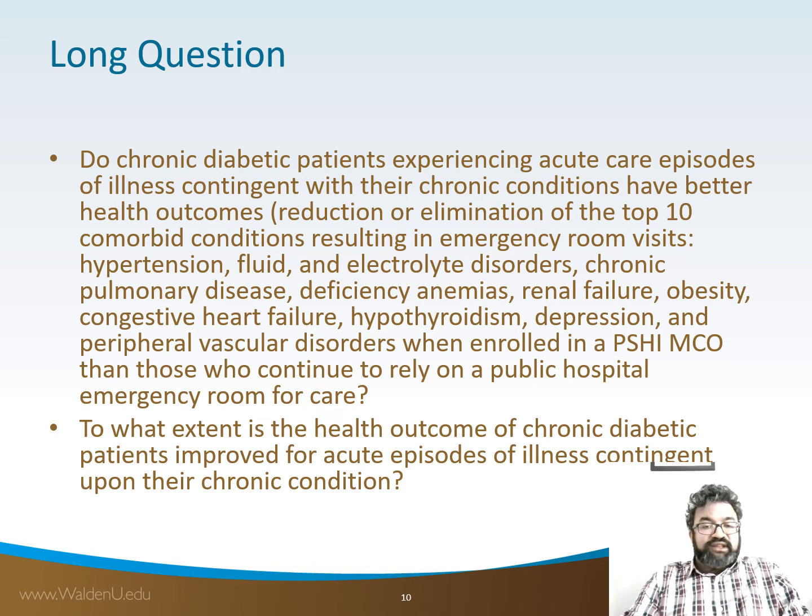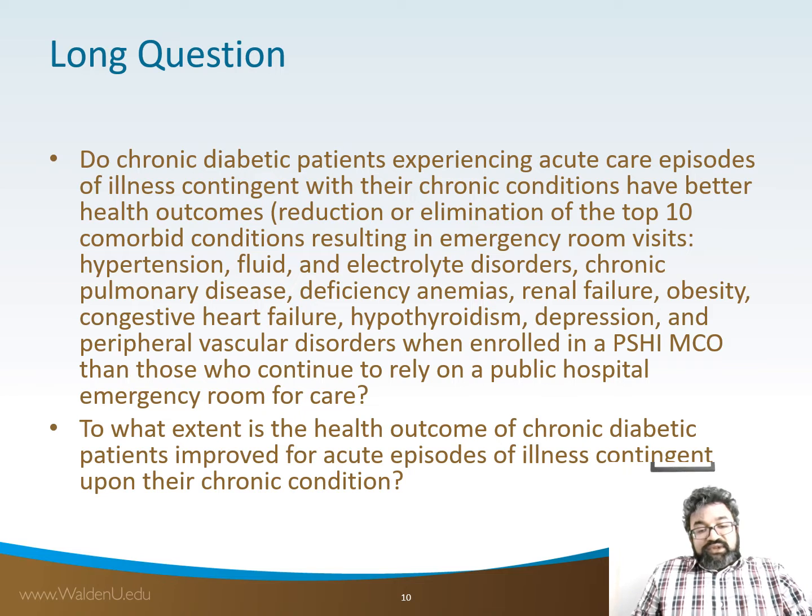Hypertension, fluid and electrolyte disorders, chronic pulmonary disease, deficiency anemias, renal failure, obesity, congestive heart failure, hypothyroidism, depression, and peripheral vascular disorders when enrolled in a PSHI MCO than those who continue to rely on a public hospital emergency room for care. So there are a lot of different moving parts to this question.